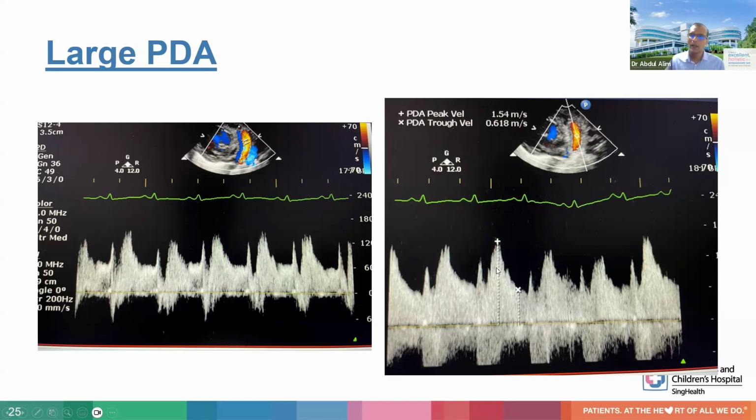For example, on the right-hand side, the peak systolic velocity is about 1.54 meters per second, and the trough velocity, or the minimum diastolic velocity, is 0.62. So we can calculate the ratio, 1.54 divided by 0.62, which is a ratio of 2.4. A ratio of peak systolic to minimum diastolic velocity of more than 2 indicates hemodynamic significance.